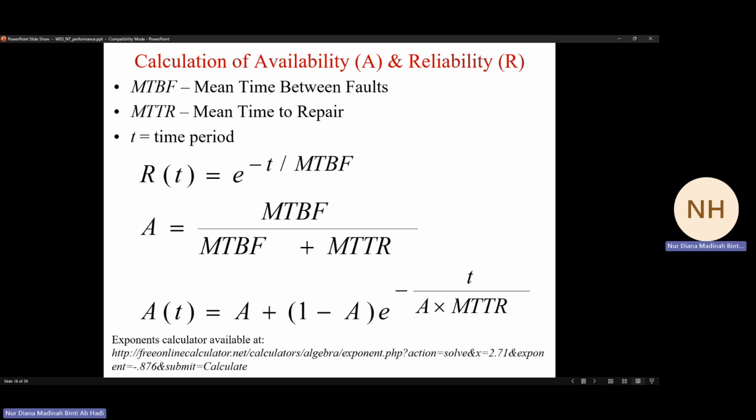So this is where you will apply the calculation of availability and reliability.